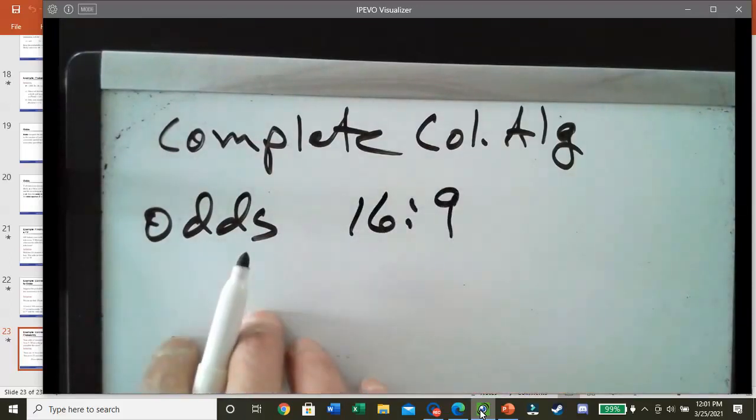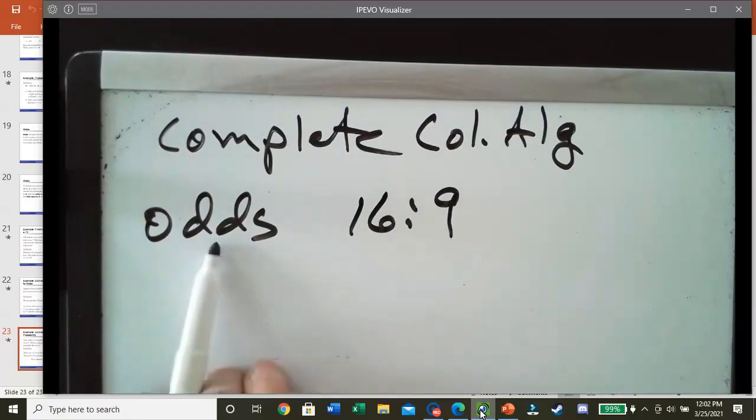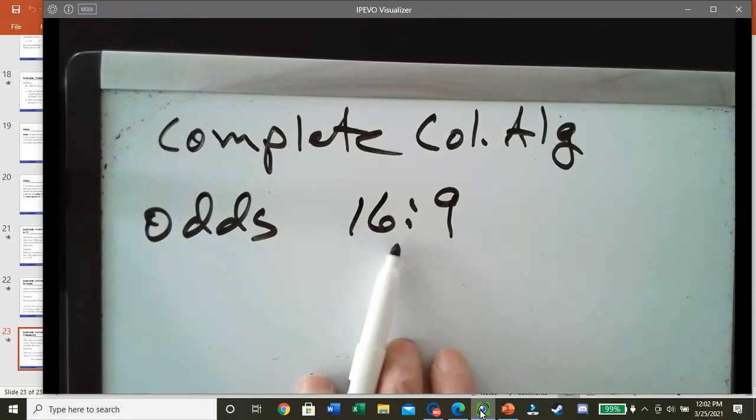Now, if they give you odds, that's odds in favor. The only time you'll know it's odds against is if they say odds against. If they don't say odds against, it's odds in favor. So this is odds in favor.